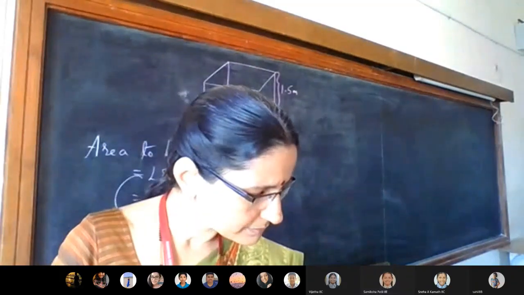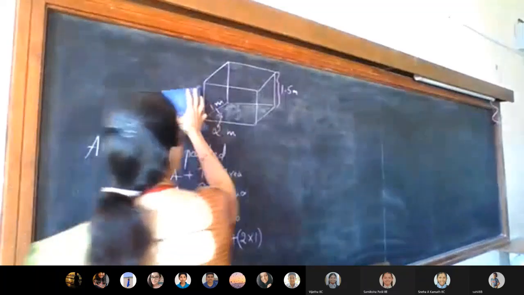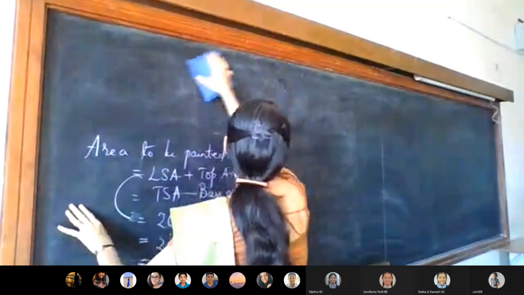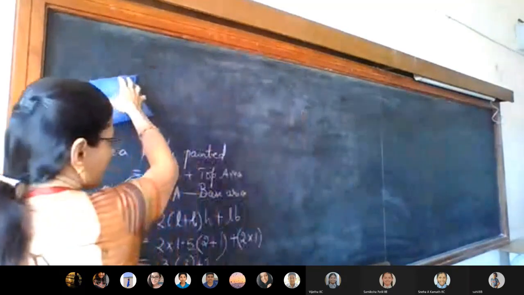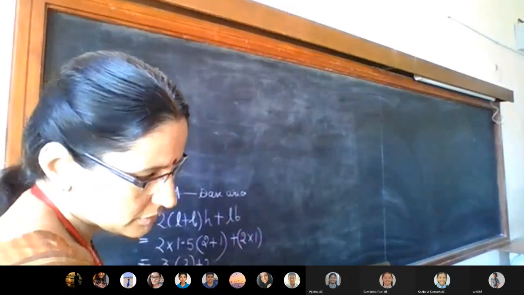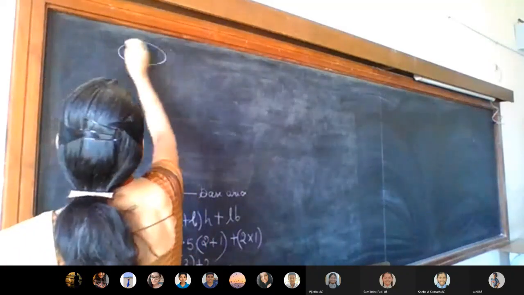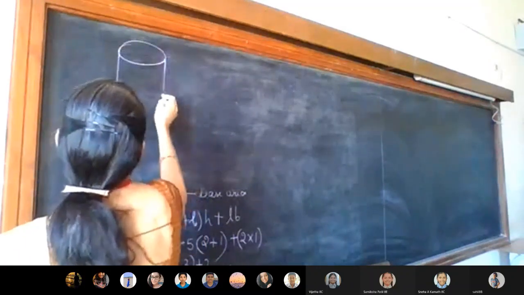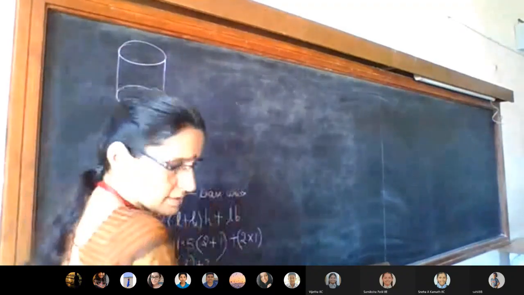So next question refers to two different solids. Anyone writing here? I hope you have completed. So there are two shapes. One is a cylinder, another is a cube.